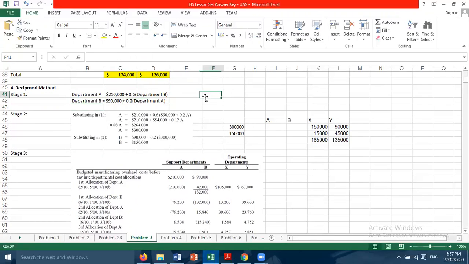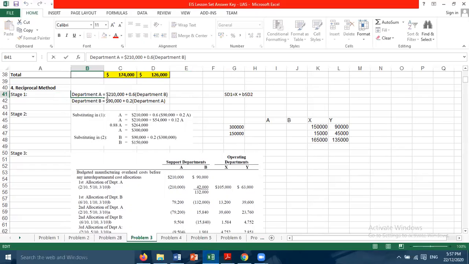equation. In this case, the equation usually consists of supporting department 1, let's say, equals X, which is the base cost of that supporting department, plus B, which is the weight of that supporting department in its allocation of work done, times the cost of supporting department 2. In this case, the formula will be like this.